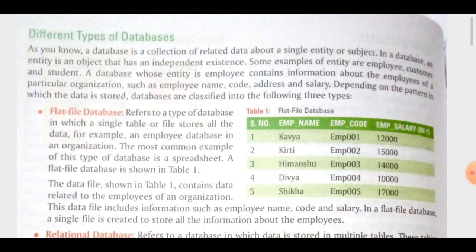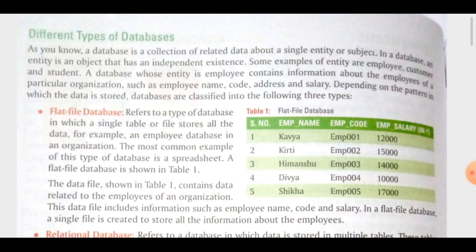There are mainly two types of databases available. The first is the flat file database and the second is the relational database management system. We were working previously on the MS Excel worksheet, usually known as the spreadsheet.